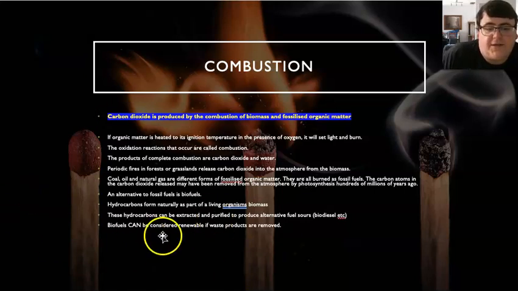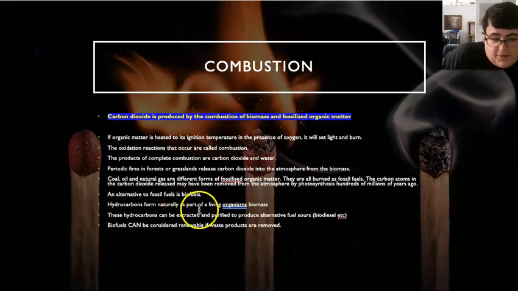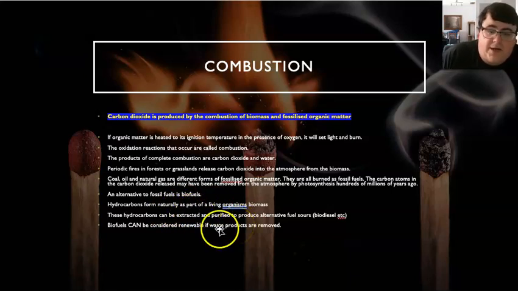Now, an alternative to fossil fuels is biofuels. For biofuels, how that works is naturally living organisms will form hydrocarbons as part of their biomass, and we can extract those hydrocarbons to produce alternate fuel sources, such as biodiesel.